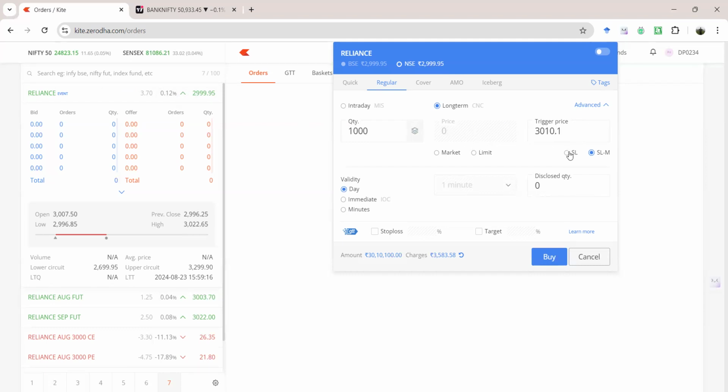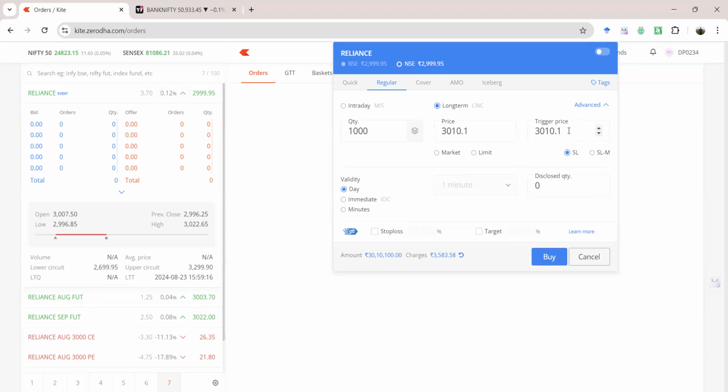Then there is another, stop loss limit order. In this we have a trigger price and we have a price to buy. What is the meaning of trigger? The order will get triggered only at this level. And if we use a limit order also at the same level, what will happen?